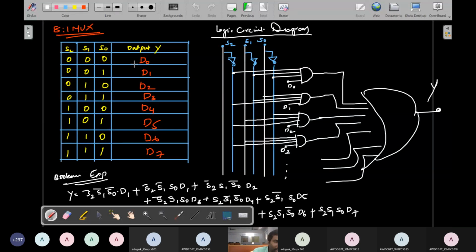So the next concept is multiplexer tree.